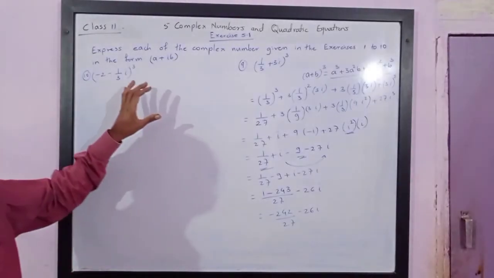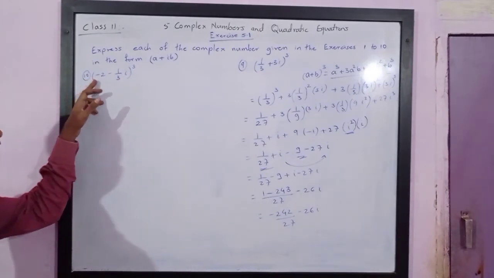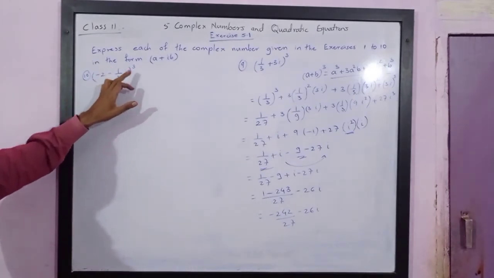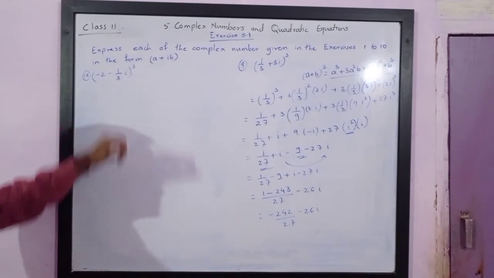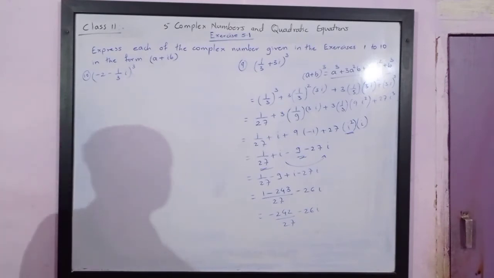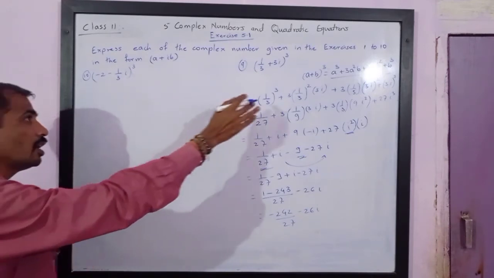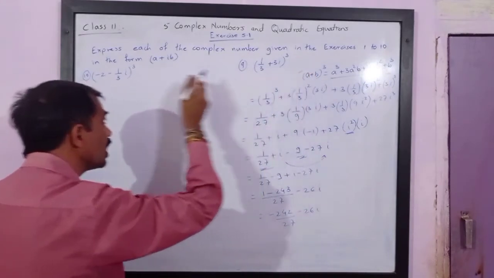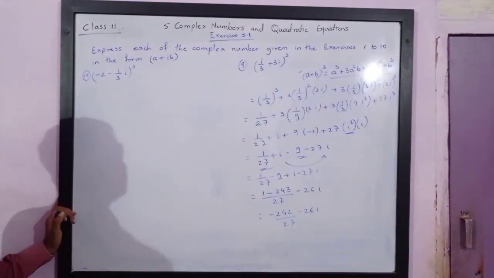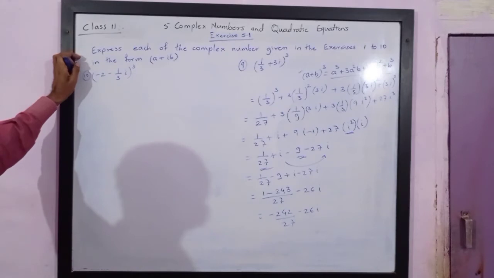Dear friends, next 10th question is negative 2 minus 1 upon 3I bracket cube. We have to write in this form, that is real part plus imaginary part. Now please note all these identities are applicable for complex numbers.